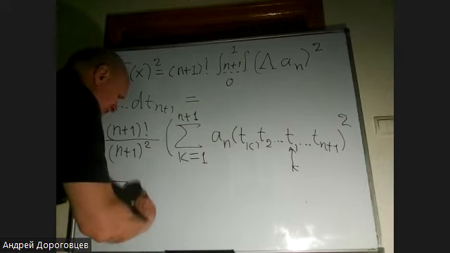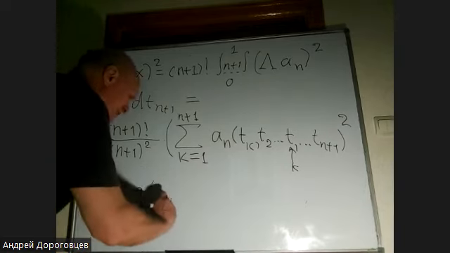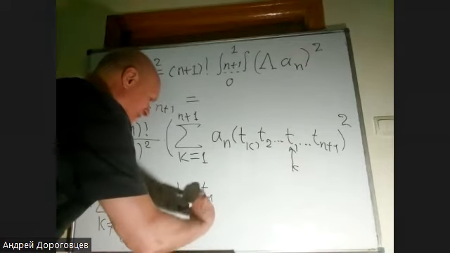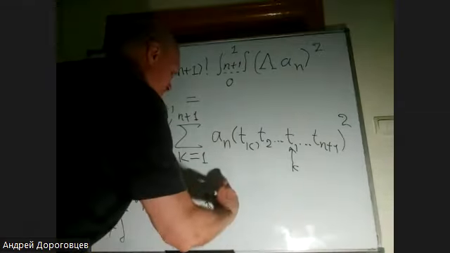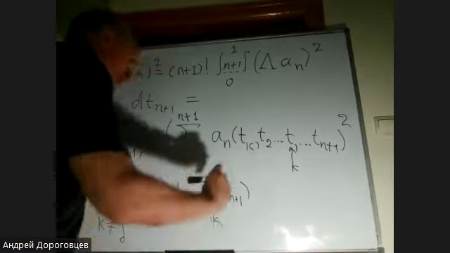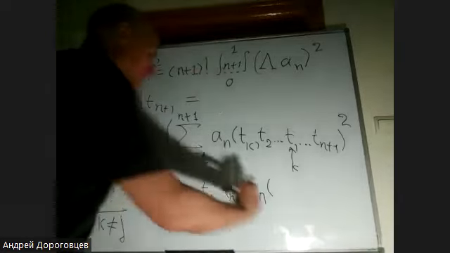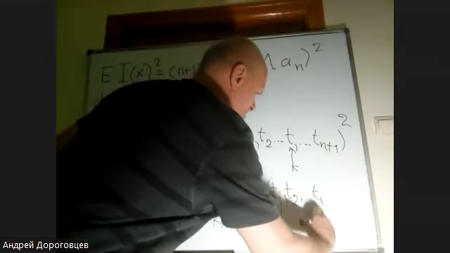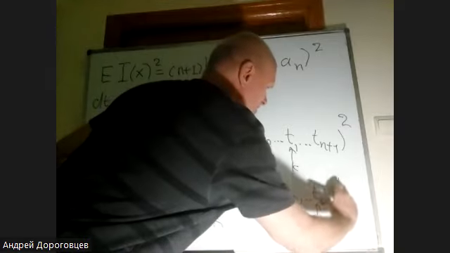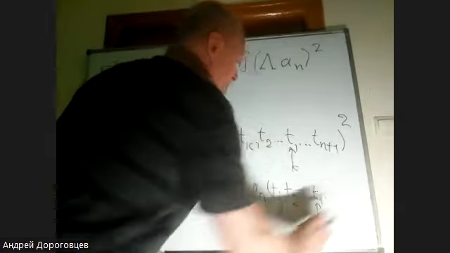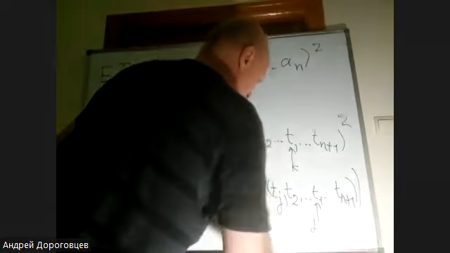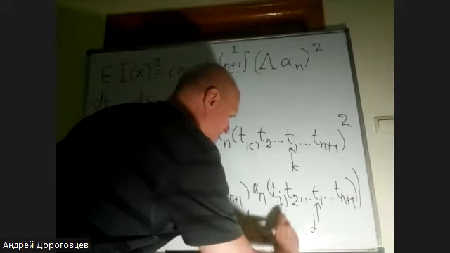And here we have a_n of t_k, t2, t1 in the k-th place, ..., t_{n+1}, multiplied by a_n of t_j, t2, t1 in the j-th place, ..., t_{n+1}, and all this sum will be integrated over dt1 ... dt_{n+1}.